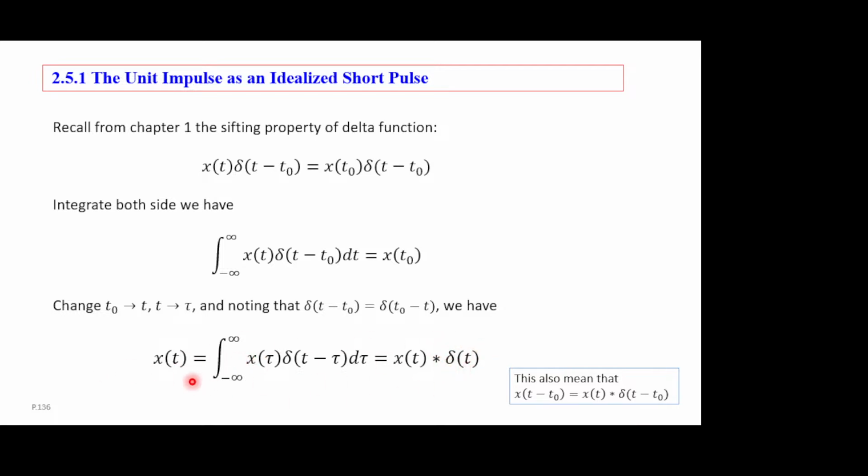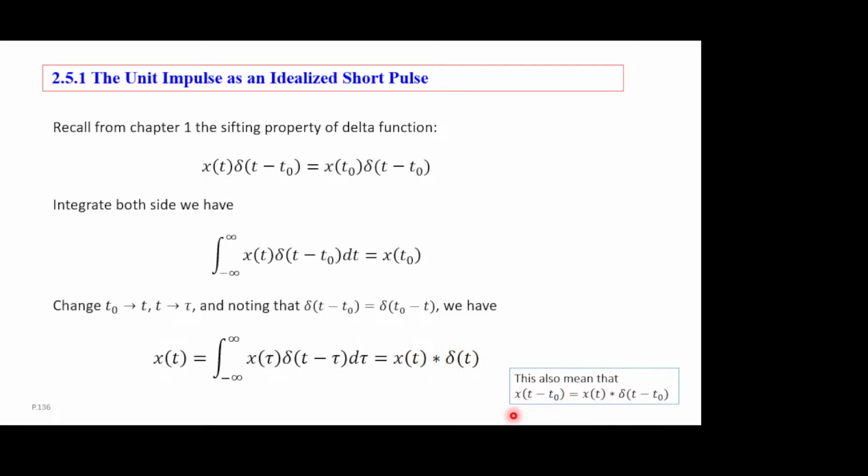So x of t convolved with h of t, which is equal to delta of t, gives you back x of t. This describes a channel where the output equals the input, and everything makes sense here.